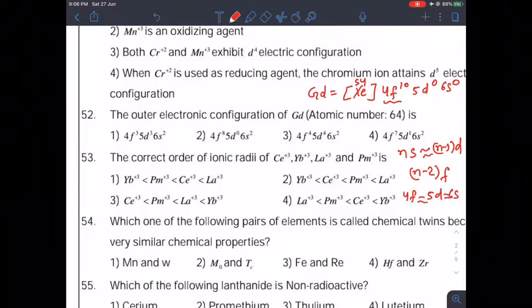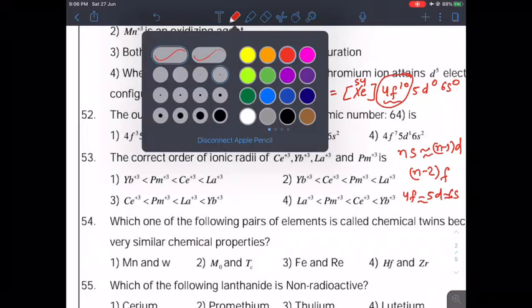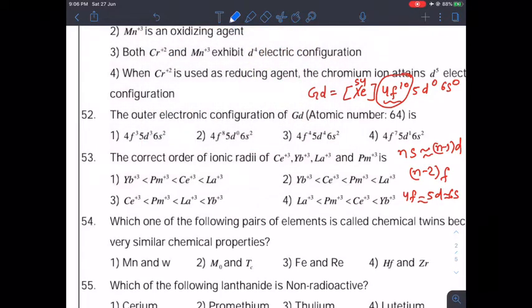And you know that if it becomes 7, it will attain the half-filled stability as well. So instead of this value, the correct configuration is the one in which 4f has 7 electrons. So 4f7, 5d1 and 6s2 is the correct answer.